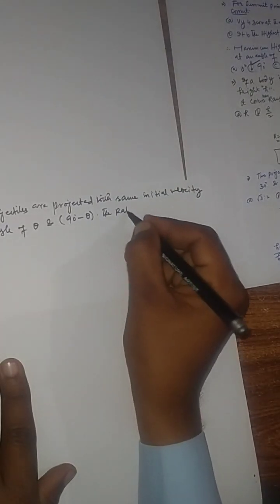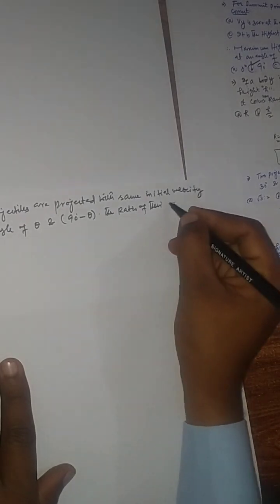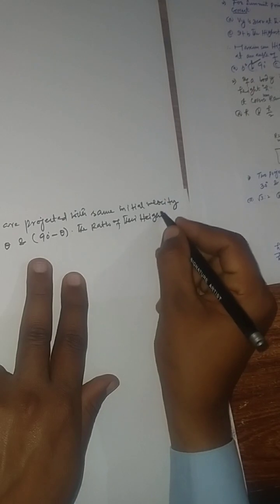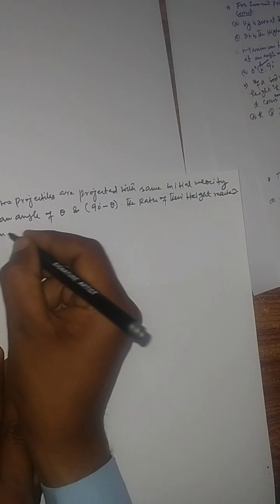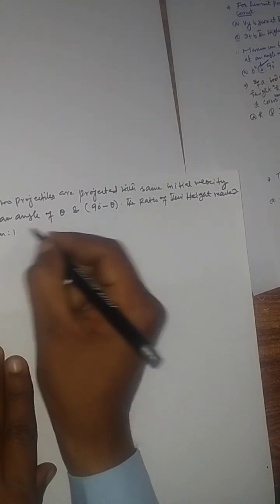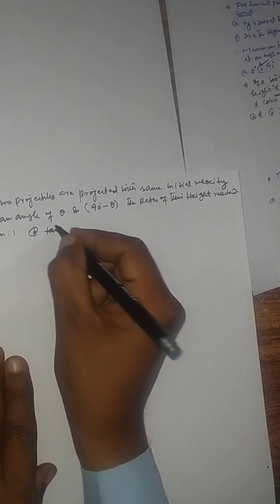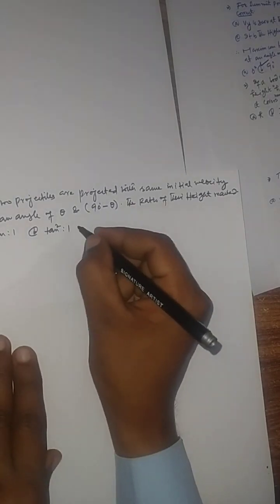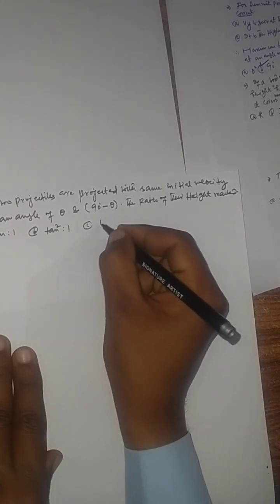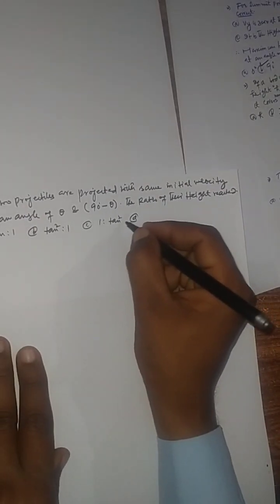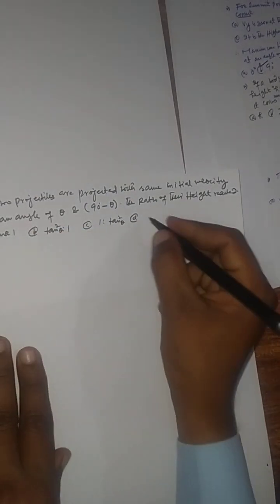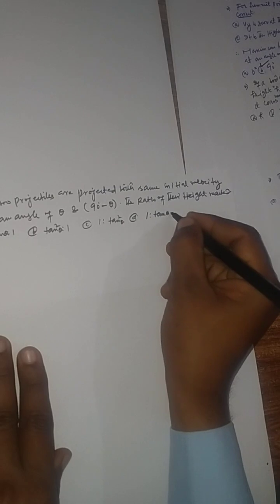The ratio of their height reached will be, let's say, 1:tan theta, or tan square theta:1, or we say 1:tan square theta, or we may say 1:tan theta. Okay, then what will be the correct answer?